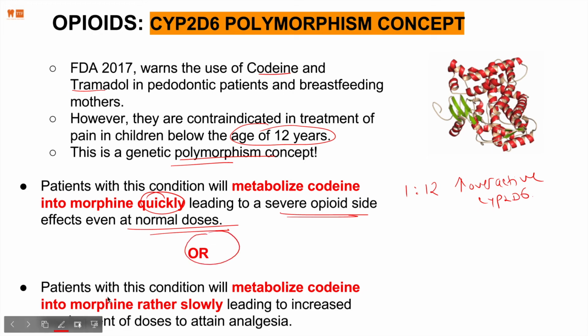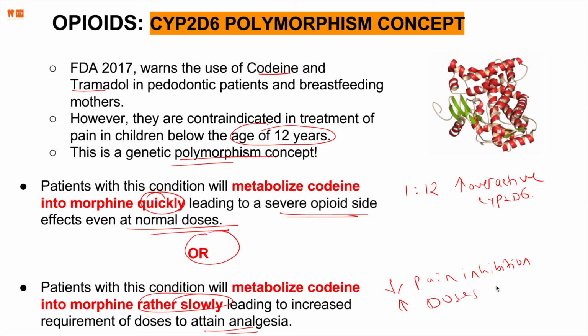Or the patients with this condition will metabolize codeine into morphine rather slowly, leading to an increased requirement of doses to attain analgesia. So it will cause lack of pain inhibition. Therefore, we will need more doses to prevent pain.